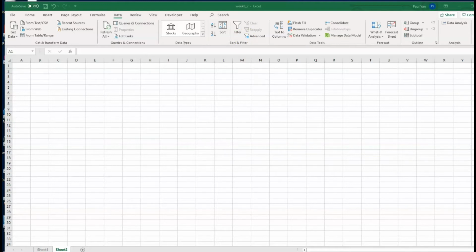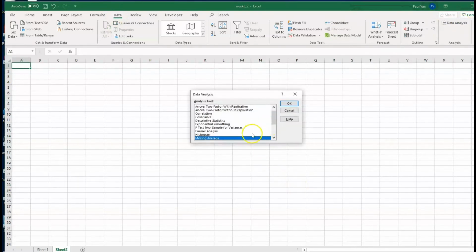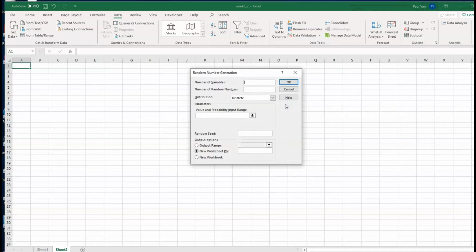We click Data, then Data Analysis on the top right, and then we go to Random Number Generation.